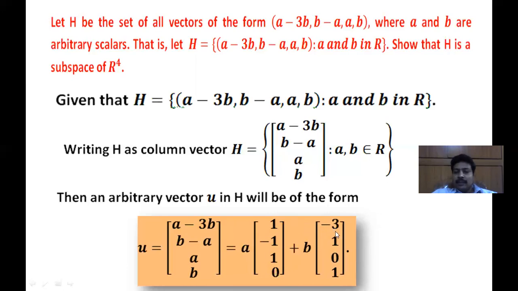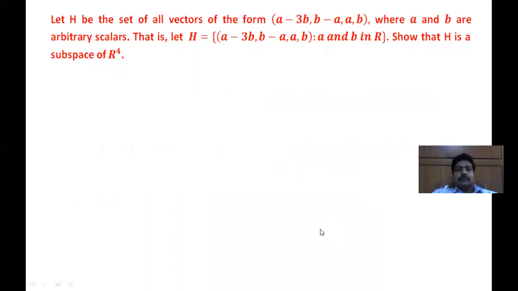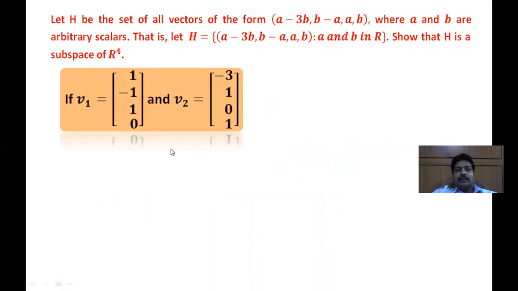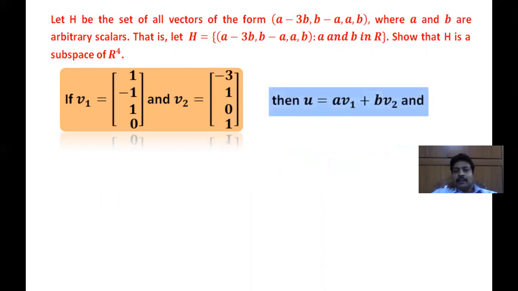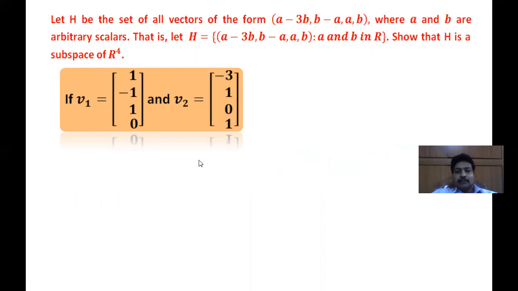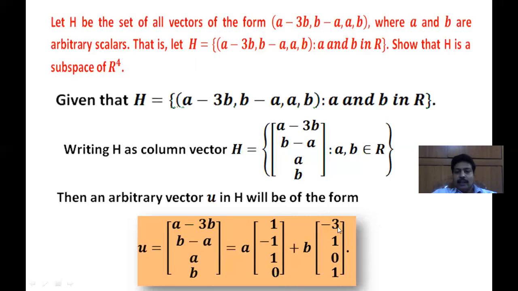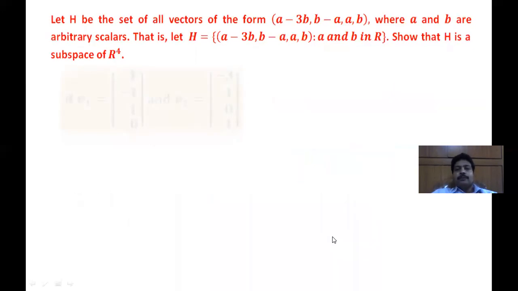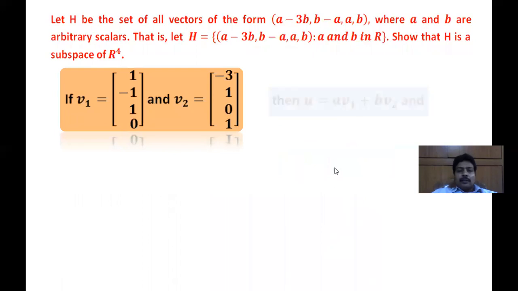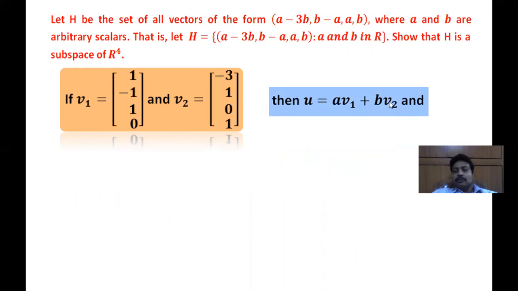So if we take these two as our vectors, that is v1 is equal to (1, minus 1, 1, 0) and v2 is equal to (minus 3, 1, 0, 1), we can write each u as a times v1 plus b times v2. So u is a linear combination of v1 and v2.